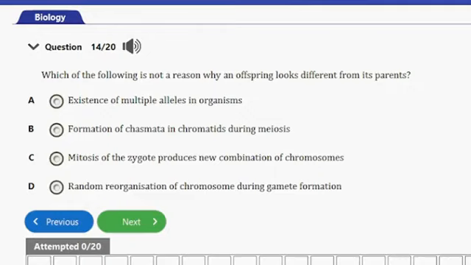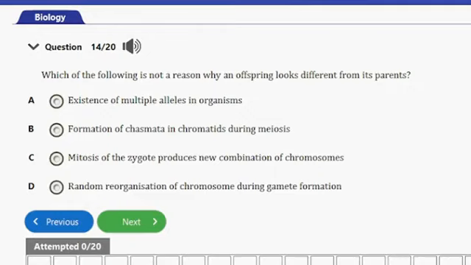And offspring will actually look different from the parents due to genetic variation, which is in most cases caused by several factors such as random reorganization of the chromosomes during gamete formation, existence of multiple alleles in organisms, and then formation of chiasmata in chromatids during meiosis.